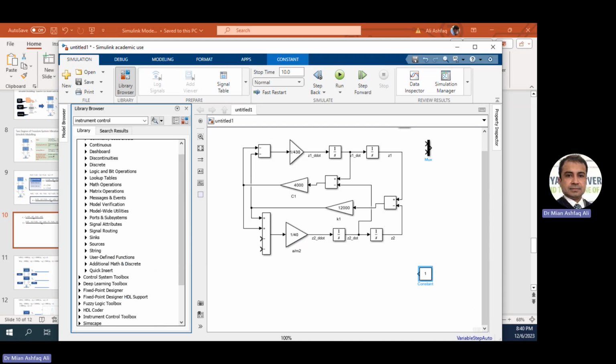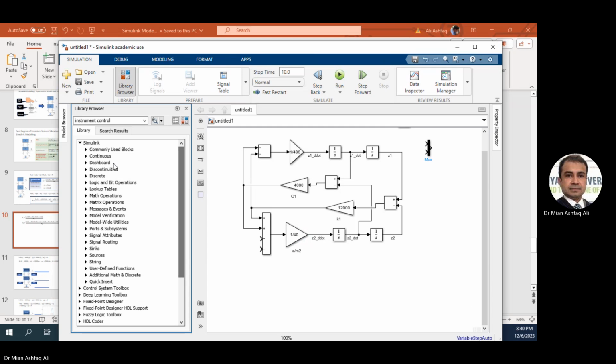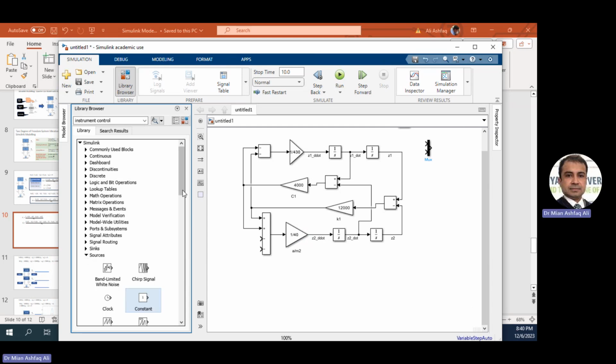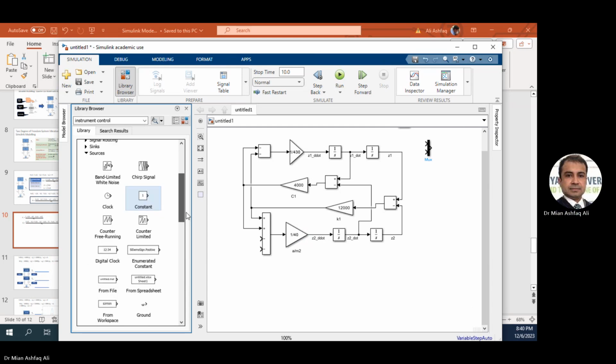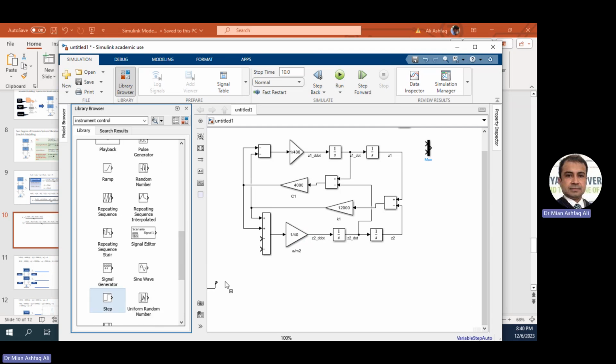So instead of this one, let me make a step function for the source. For the source, I can choose a step input, and I can Control-invert it.